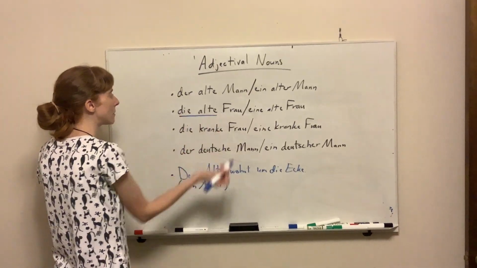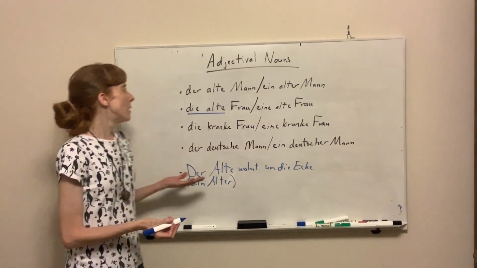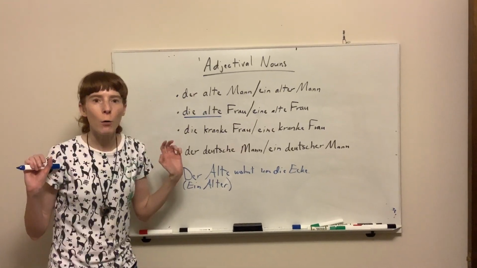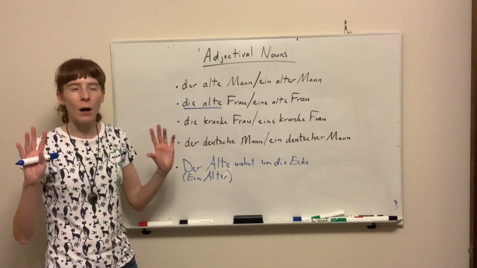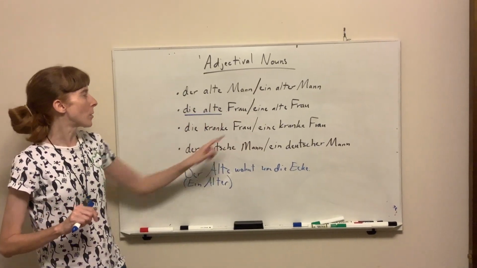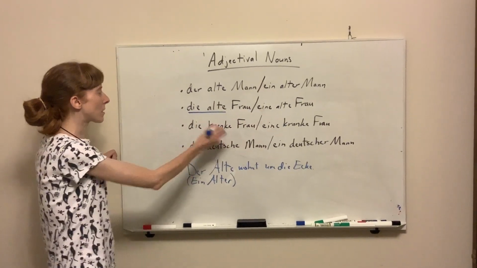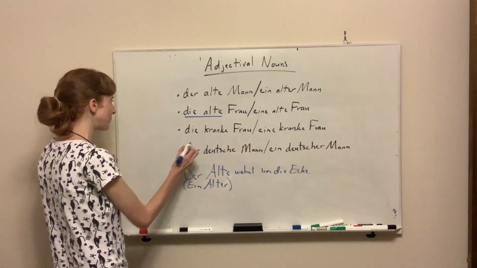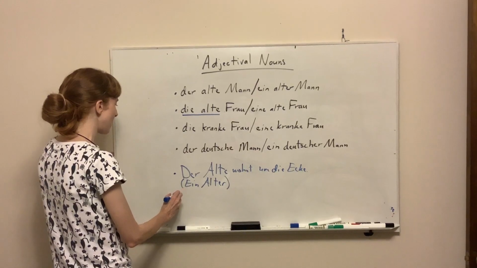Die alte Frau. So it's kind of like saying die alte Frau. We're not really saying Frau. We're leaving that out, but it's obvious. The old woman. Oder eine alte. Die Kranke. This is the one we have in English. We must help the sick. Die Kranke.